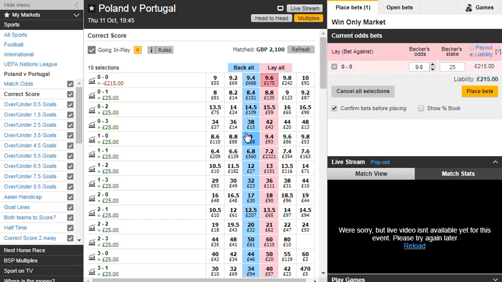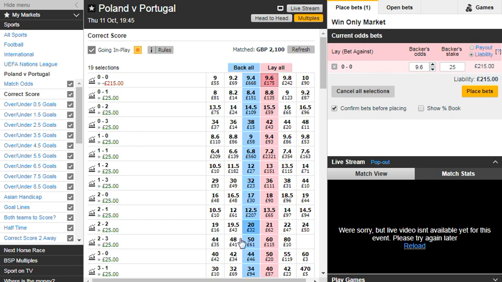You could decide right now to lay a 1-0 or 0-1 if you think the game is one-sided, or you could take some of this 25 and put it on 2-1, 1-2 if it looked like both teams were going to score, and you think that in the first instance that might happen.